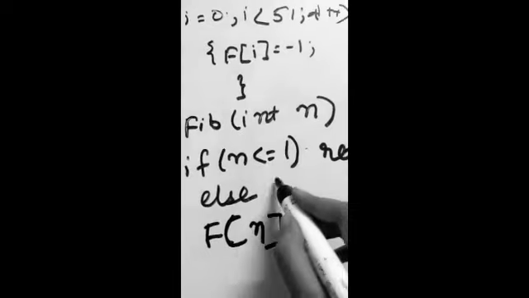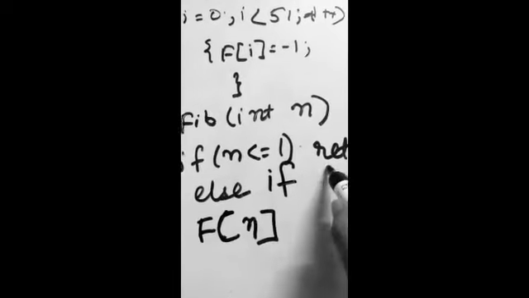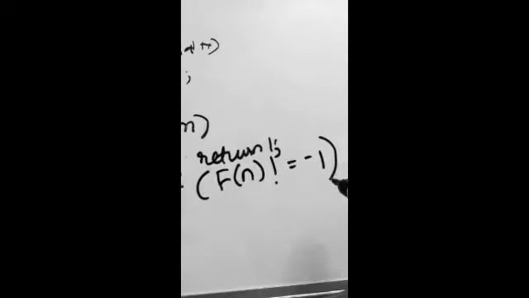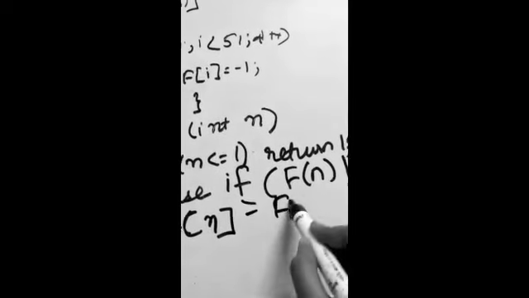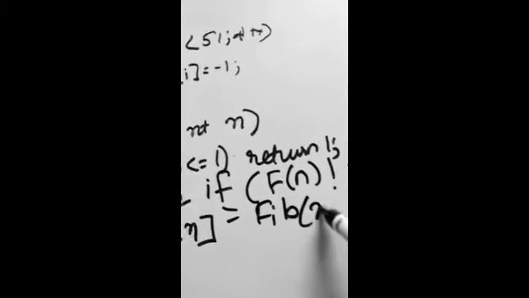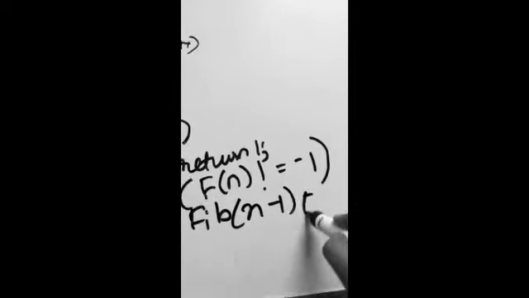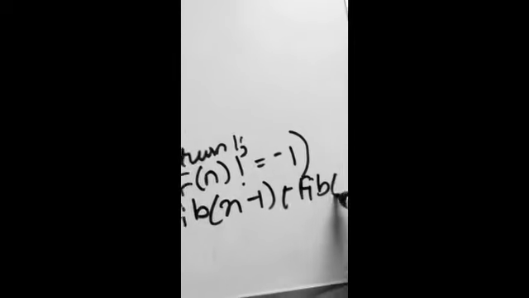Let us rather set an else if and say that else if f[n] is not equal to -1, that is, if it is -1 it is not yet in the memory, and if it is not equal to -1 then we are going to return it, and otherwise compute it with the help of the recursive function.